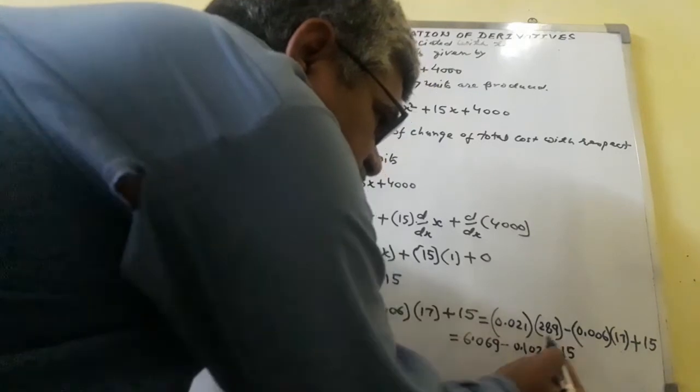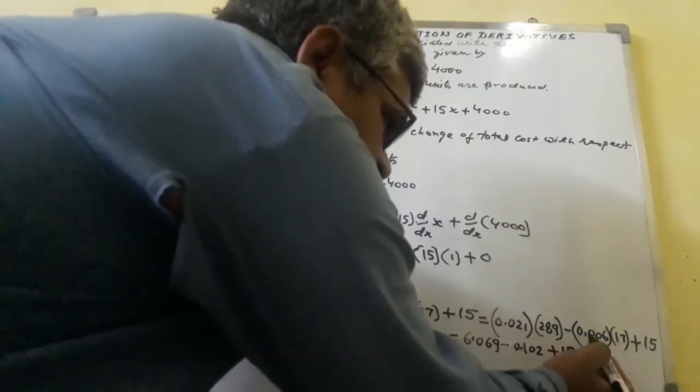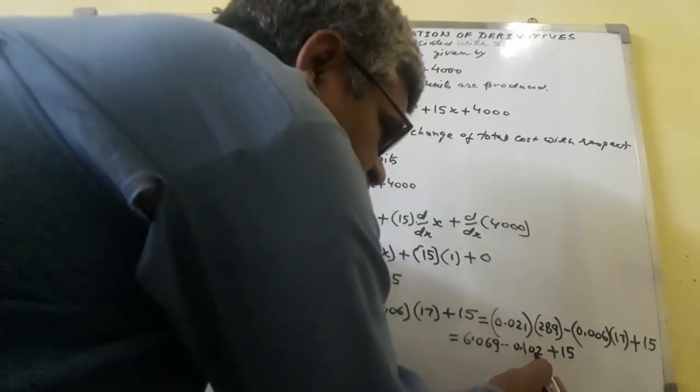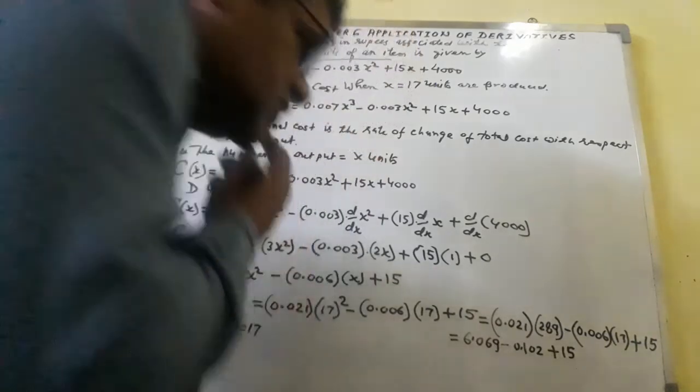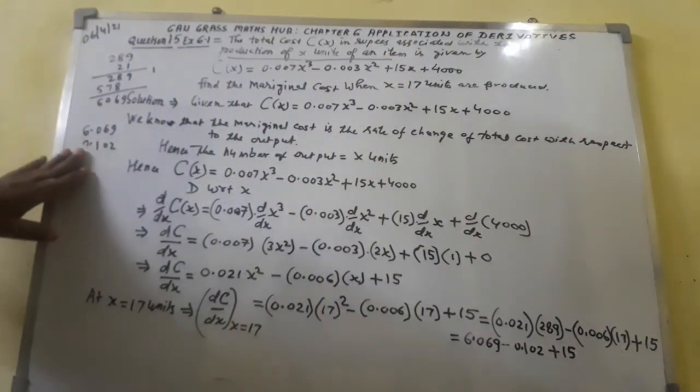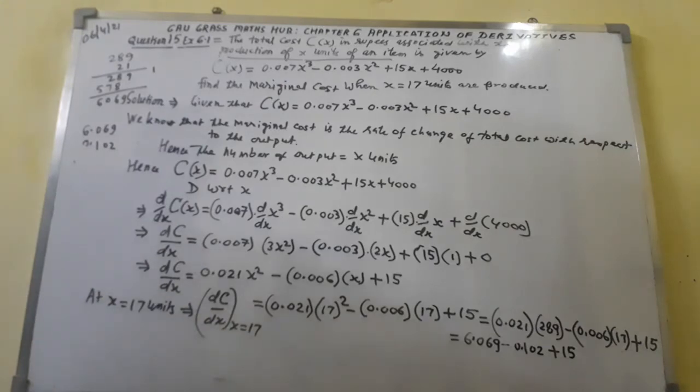Minus, here minus is available, so here I write minus 0.006 multiplied by 17, which comes out to be 0.102, plus 15. Now what I shall do here: 6.069 minus 0.102.